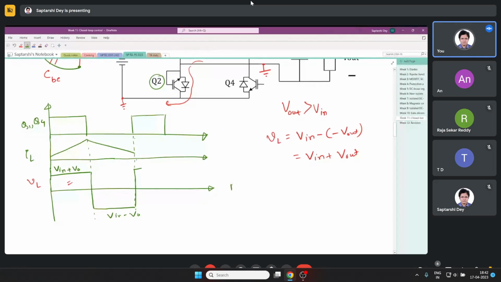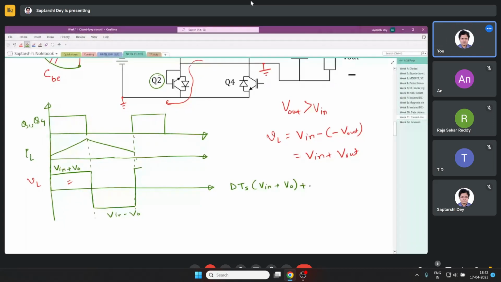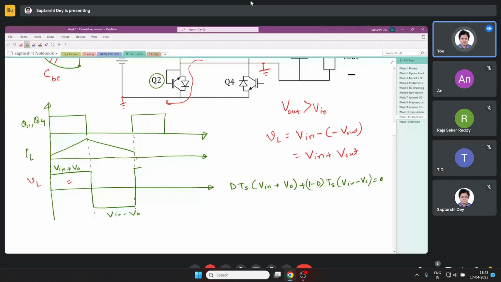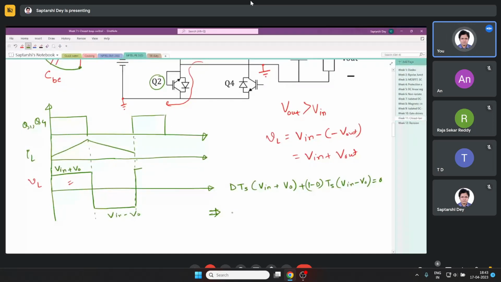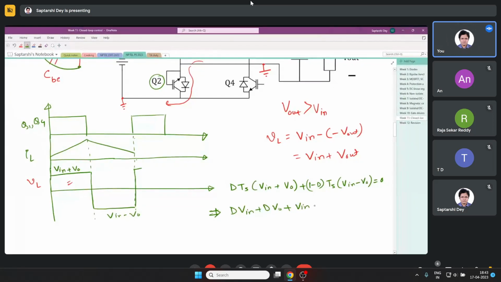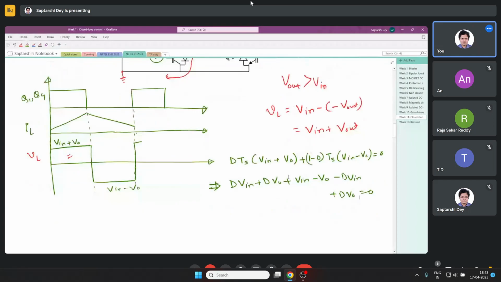So what we can say is, on time dTs, the inductor voltage is V in plus V naught, and off time, 1 minus d Ts, it is V in minus V naught. This equals 0. So we have dV in plus dV naught plus V in minus V naught minus dV in plus dV naught equals 0.